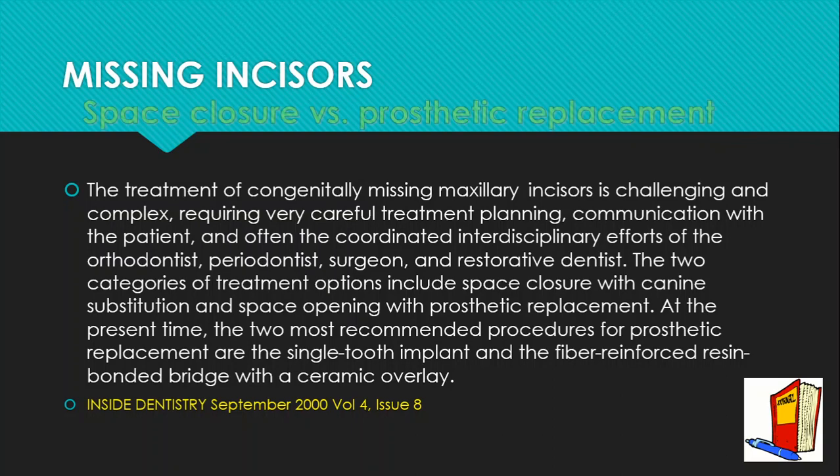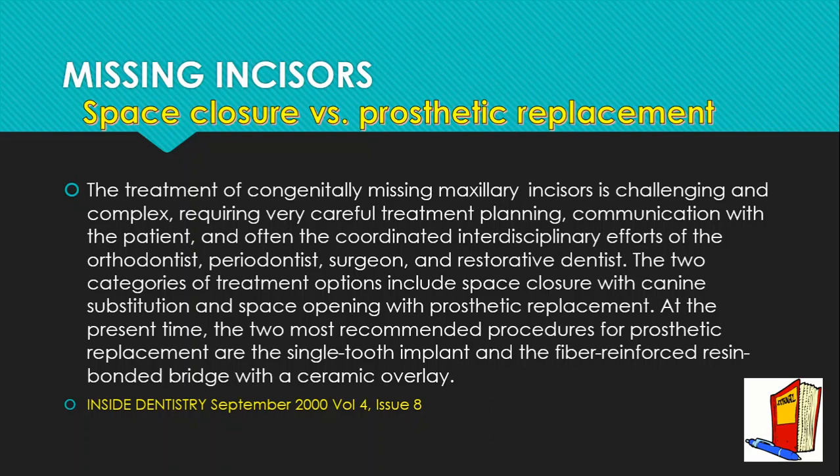And we are also faced with the dilemma of deciding which would be better, space closure or prosthetic replacement. In order to come up with an answer, essentially there are always 2 sides to an issue. And I've seen so many journal readings saying that space closure would be better than a prosthetic replacement, or the other side would be prosthetic replacement is more ideal.